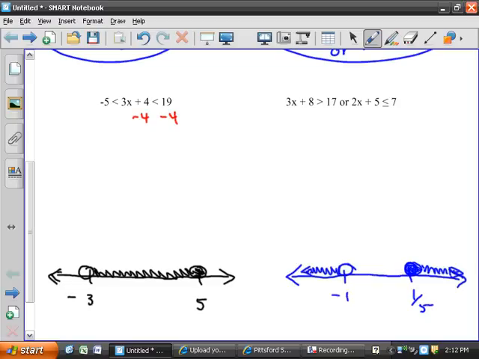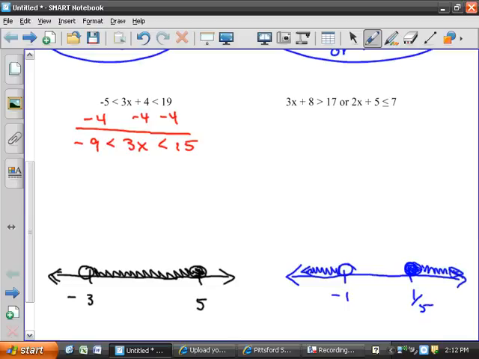Instead of subtracting 4 from both sides of an equation or an inequality, we actually have to subtract 4 from 3 pieces here. I subtract it from the -5, I subtract it from the 3x plus 4, and from the 19. -5 minus 4 is -9. That will be less than 3x, which is less than 19 minus 4, which is 15. Okay, we're halfway home.